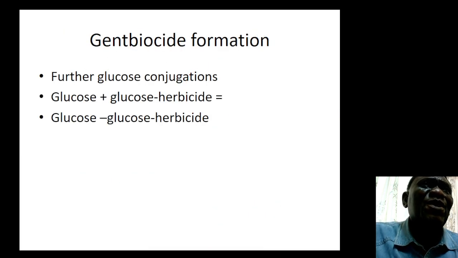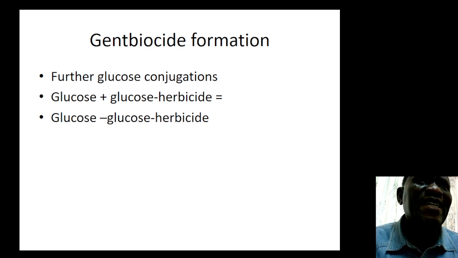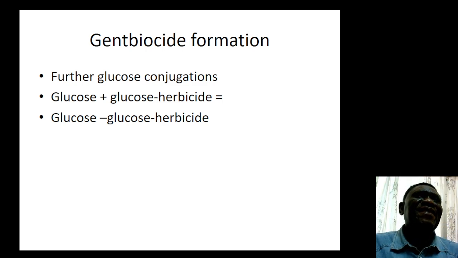Then gentiobioside formation. This is further glucose conjugation where you have glucose being joined to glucose, then joined to the herbicide. So this would then complete the phase 3 reactions.